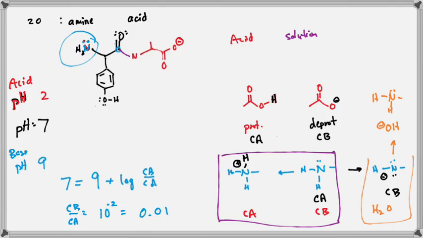Which means that strongly basic nitrogen doesn't exist in a water environment. We should never be able to make that en masse within the body. It's just not going to happen.